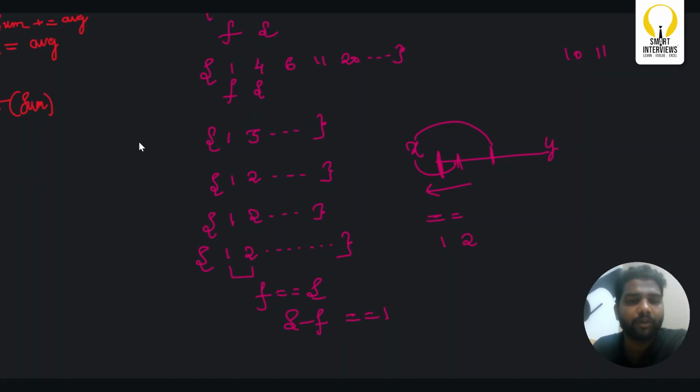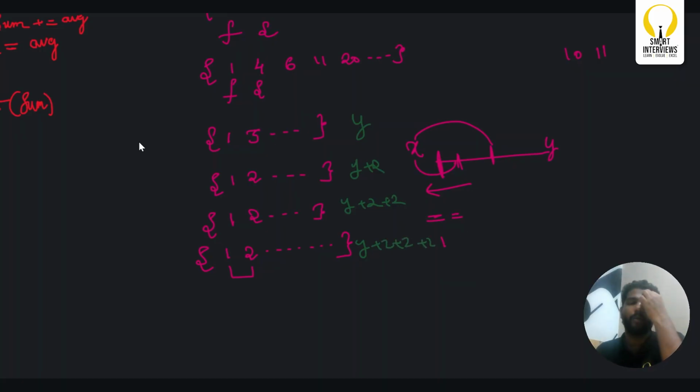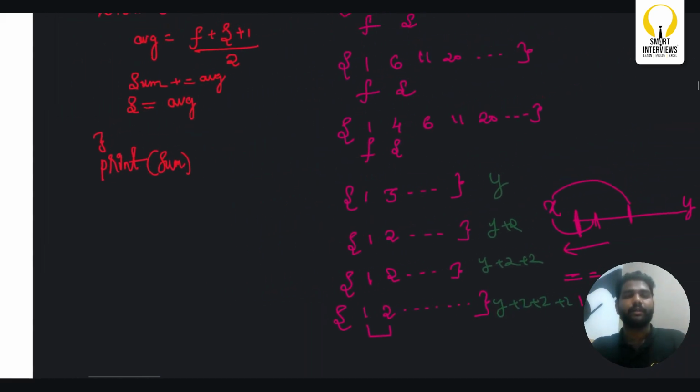Because here what is happening, here we got some x, some value, let's say some y, right? Here the sum plus 2, y plus 2, y plus 2 plus 2, and y plus 2 plus 2. We keep on adding only 2 for the remaining operations, right?